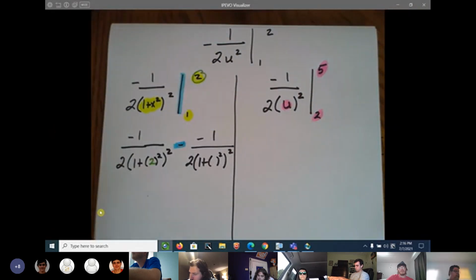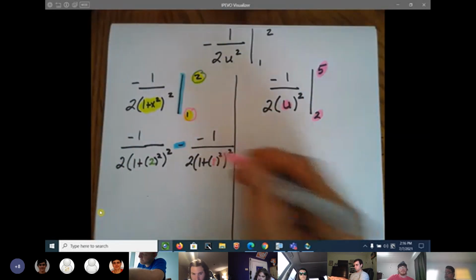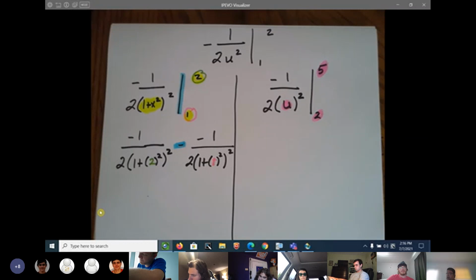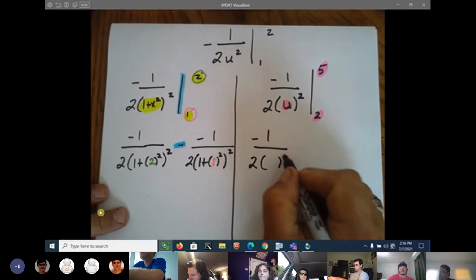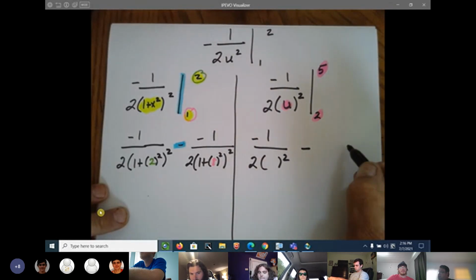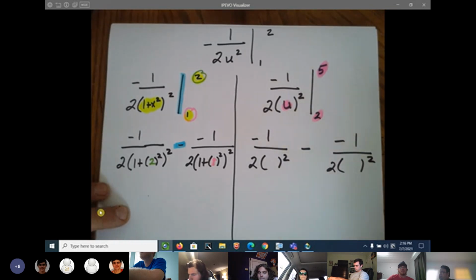And the bottom guy is pink, and he goes right here. Over here, -1 over 2 parentheses squared minus -1 over 2 parentheses squared.